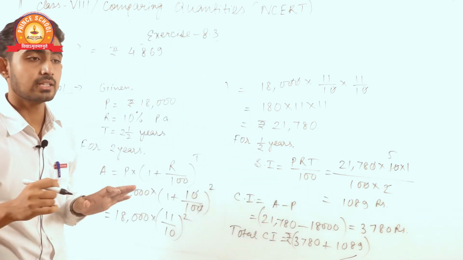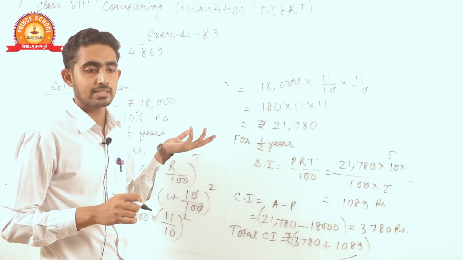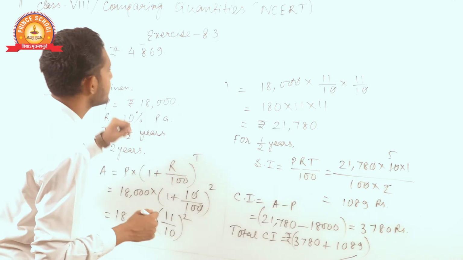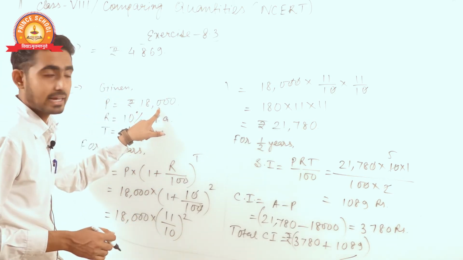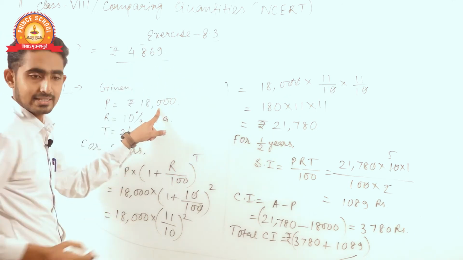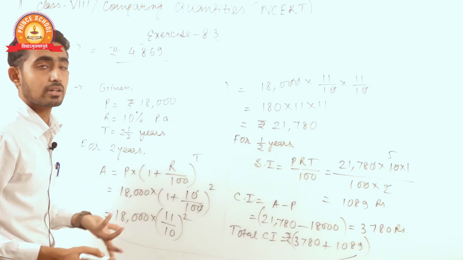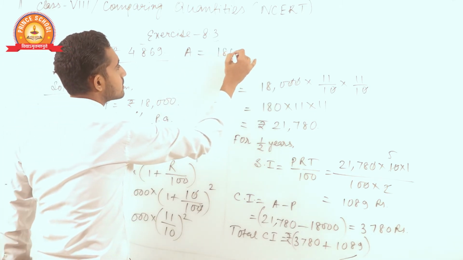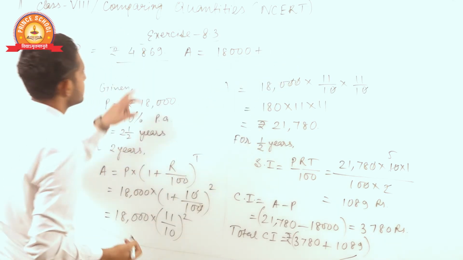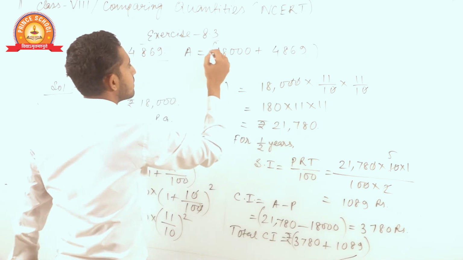Now in your question we have to find out the amount also. You can find out the amount also. What is the amount? P plus I is equal to how many is given? P is equal to how many is given? That is 18,000. Interest is equal to how many? 4869. So you can say P plus 4869, that is your amount. So amount is equal to P 18,000 plus 4869, that is your complete answer.